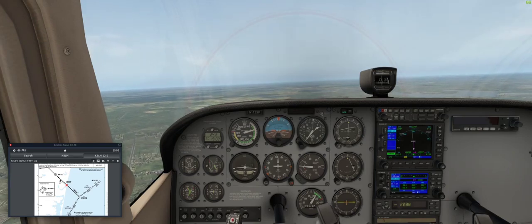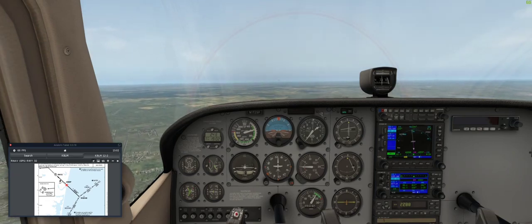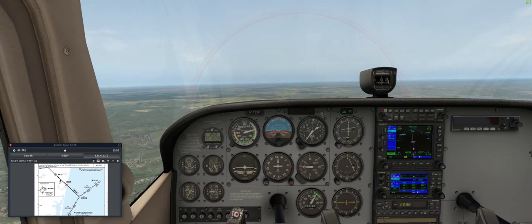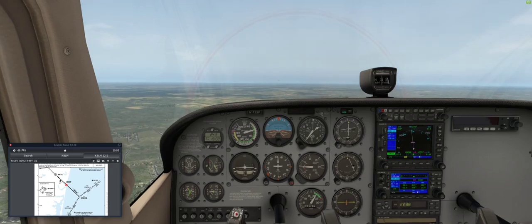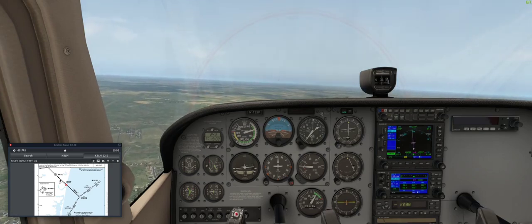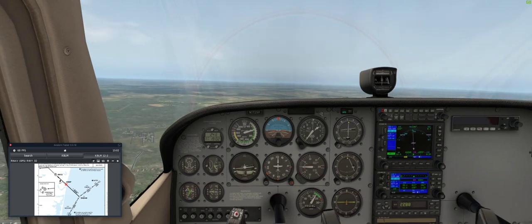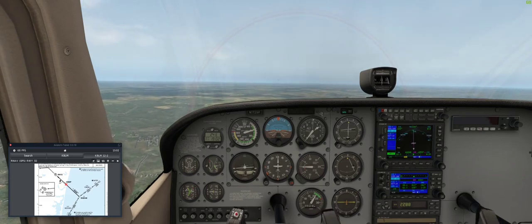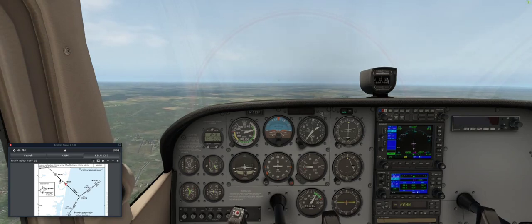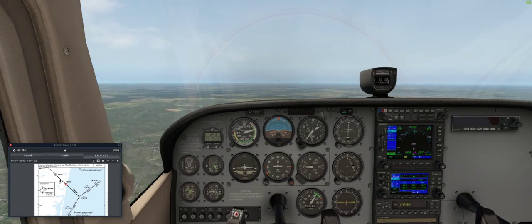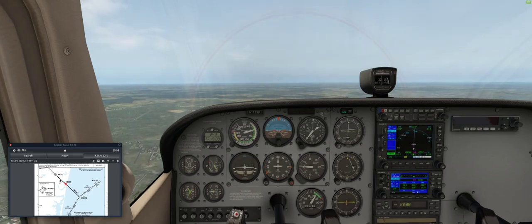Intercept the localizer a little bit steeper. We're going so slow. Wind is probably making us stand still. Now we're starting to center. And you see the glide slope needle is starting to center as we remain at 1600 and cross JONIP.